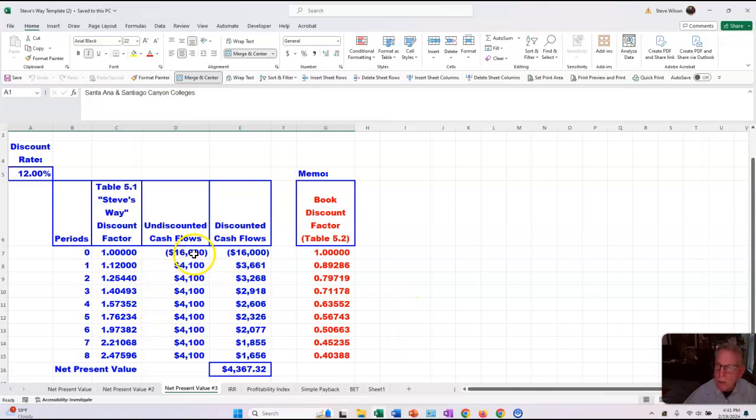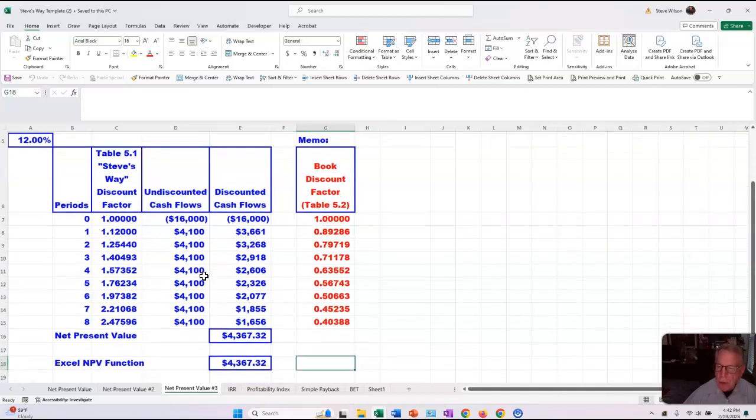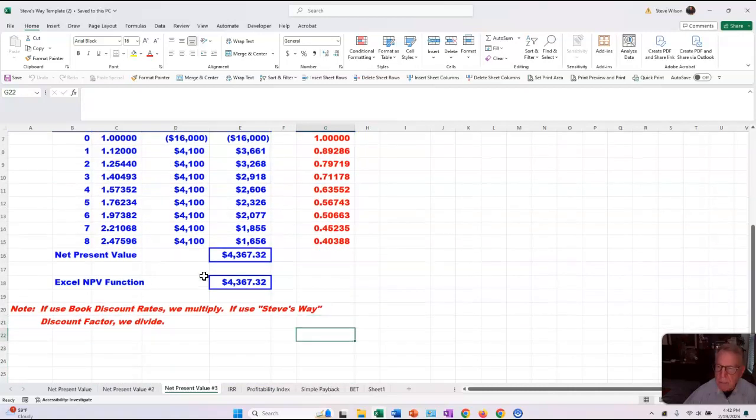Here, 16,000 goes out for our project. 4,100 per year comes in. So we discount that all down, and that comes out 4367.32.